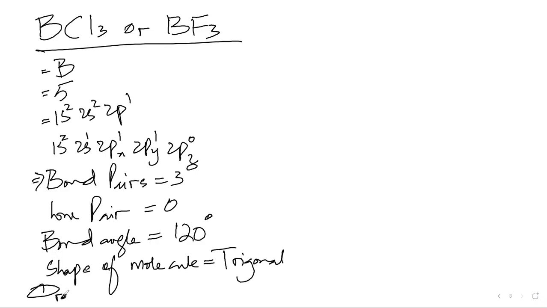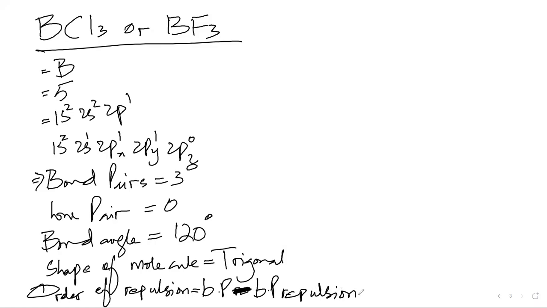What type of order of repulsion? Only bond pair repulsion. So for BCl3, boron trichloride, or BF3, boron trifluoride, if fluorine is present, it is atomic number 9, 1s2, 2s2, 2p5.